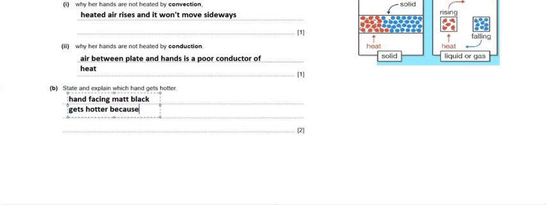Because the matte black is a better emitter of radiation, or heat.